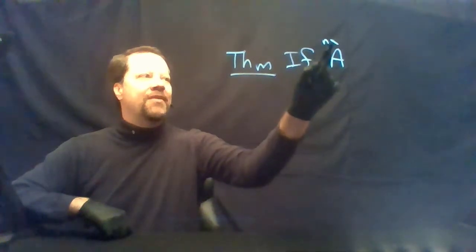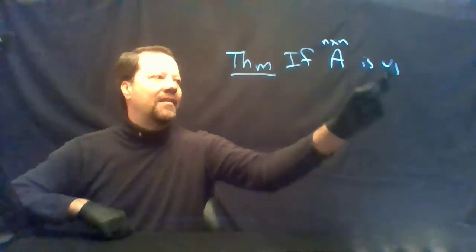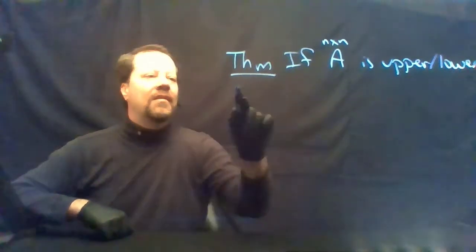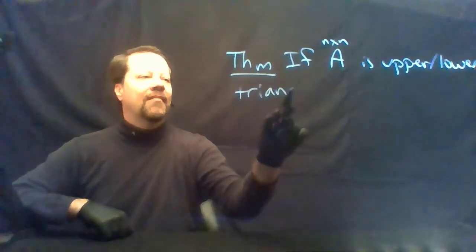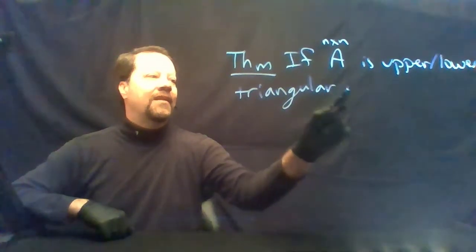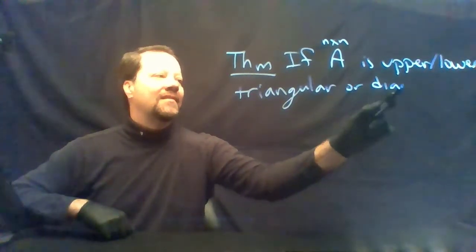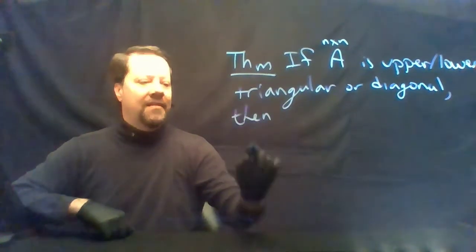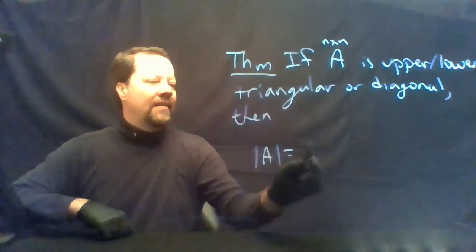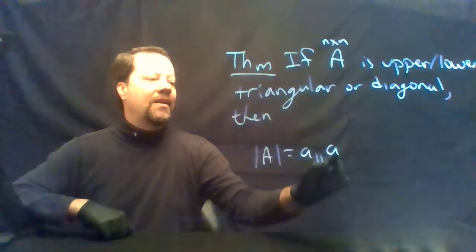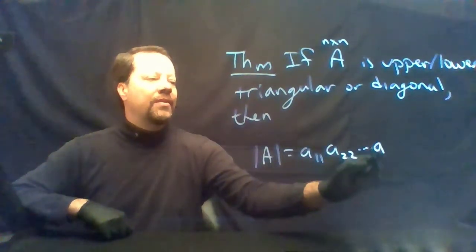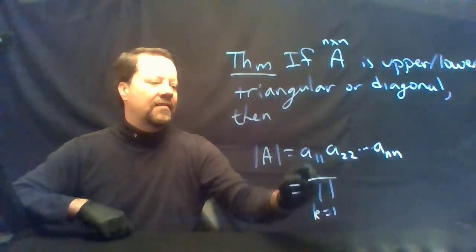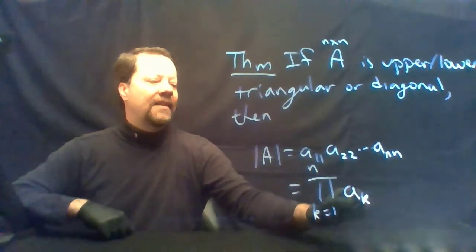If some square matrix A is upper or lower triangular or diagonal, then the determinant of A is A11, A22 through Ann. That's the product of these diagonal elements.